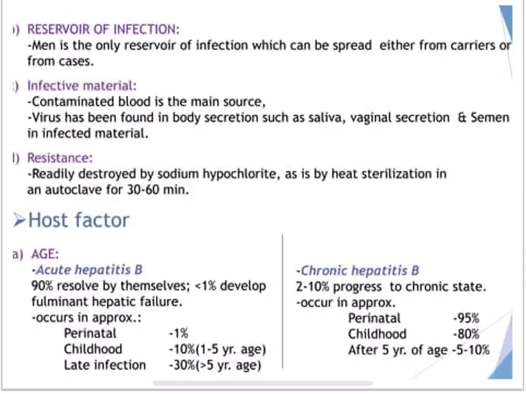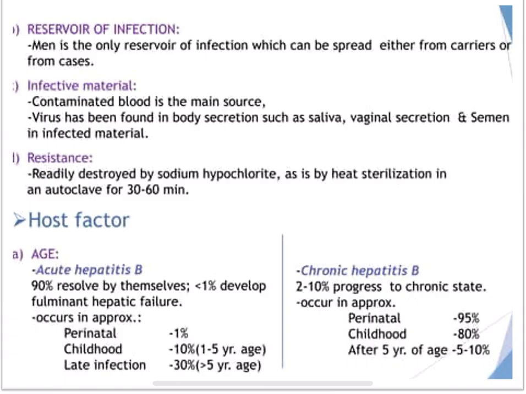Moving further to the infective material. Contaminated blood is the main source. Viruses have been found in body secretions like saliva, vaginal secretions, and in the semen of an infected man. In the semen, there can be the virus which is infective. So again, the wife can contract the infection and she can act as a carrier.